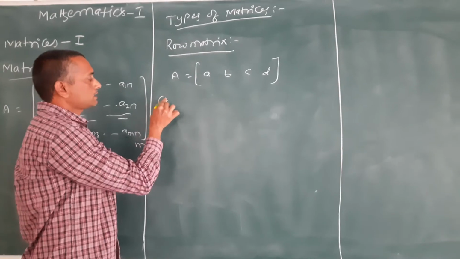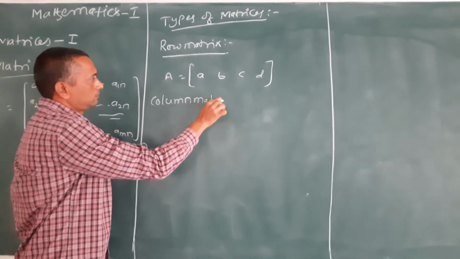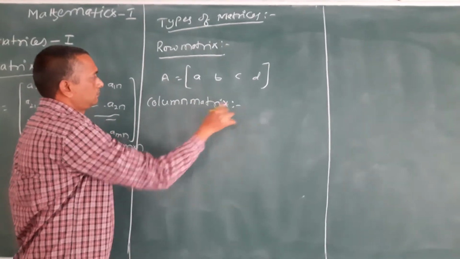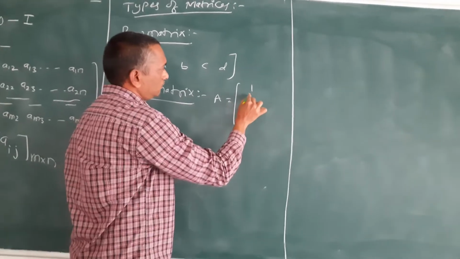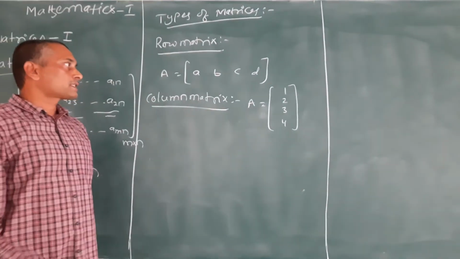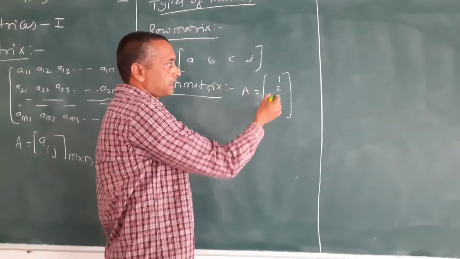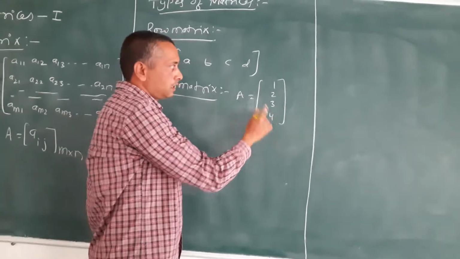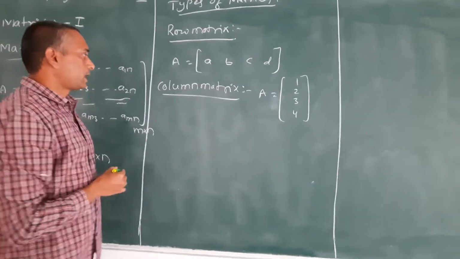Next, column matrix. What is column matrix? A matrix having only one column and any number of rows is called a column matrix.